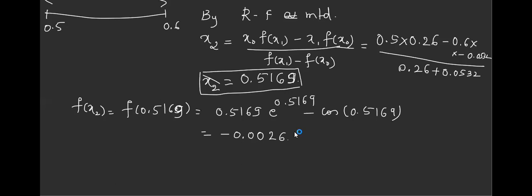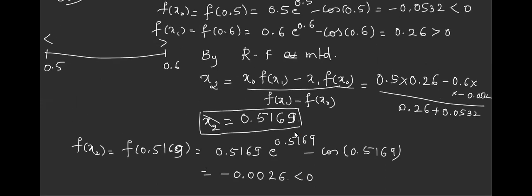So positive or negative? Negative. So where is 0.5169? Somewhere here. So this is giving me negative. All of you listen again: this is giving me negative, which means I have to choose a value which is giving me positive.